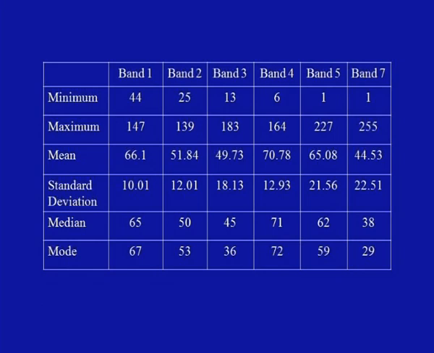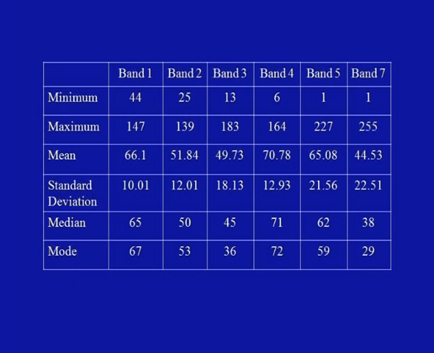These are the univariate statistics for all these 6 bands 1, 2, 3, 4, 5 and 7, and we find that the minimum value in band 1 is 44, in band 2 it is 25, band 3 it is 13, 6 in band 4, 1 each in band 5 and 7. Similarly, the maximum values are 147, 139, 183, 164, 227 and 255 respectively.